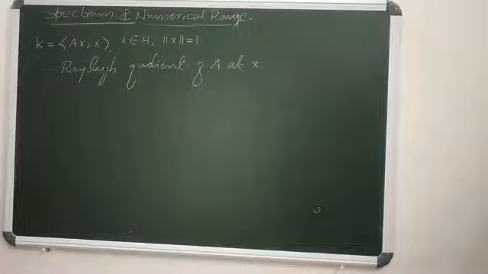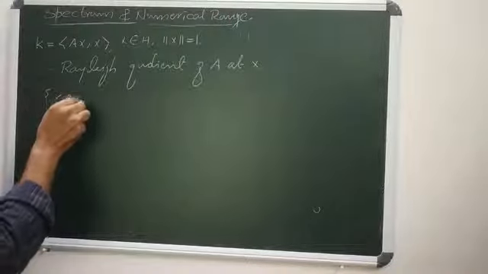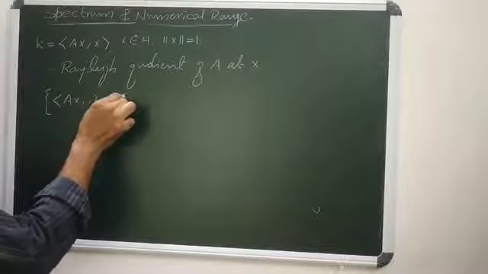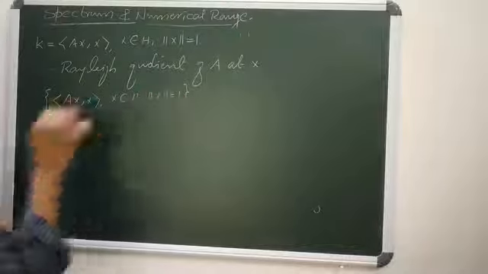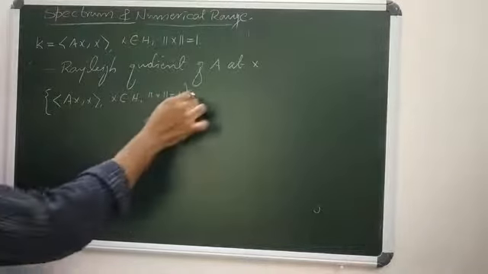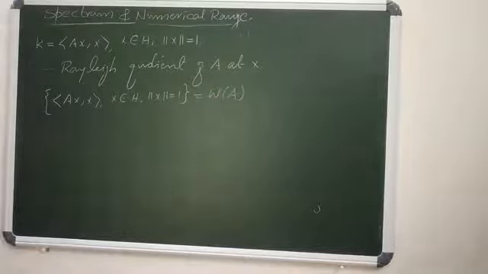Then the set of all such Rayleigh quotients, the inner product of Ax and x for all x in H with norm x equals 1, is known as the numerical range of A. That is denoted as W(A).